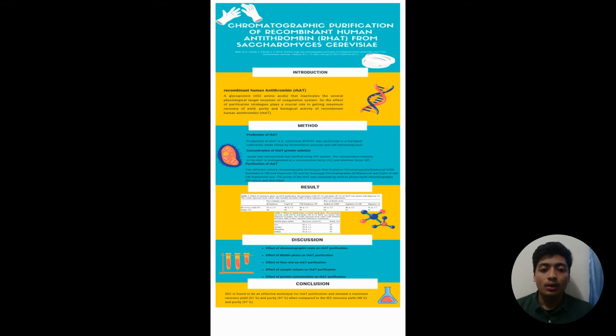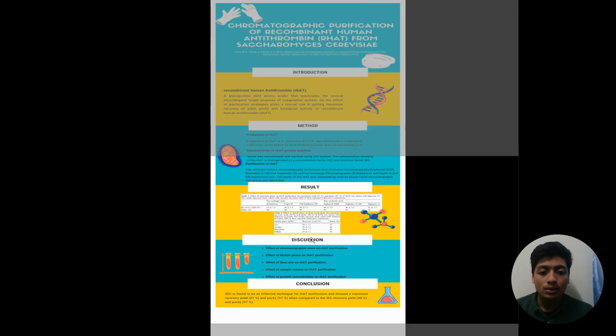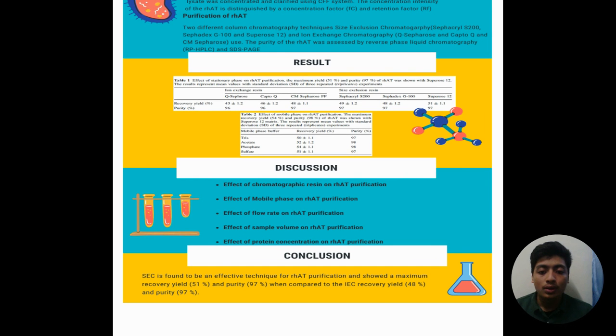Okay, now let's talk about the results and discussion after the experiment was done. For the results and discussion, we talk about the effect of chromatographic resins on rhAT purification.